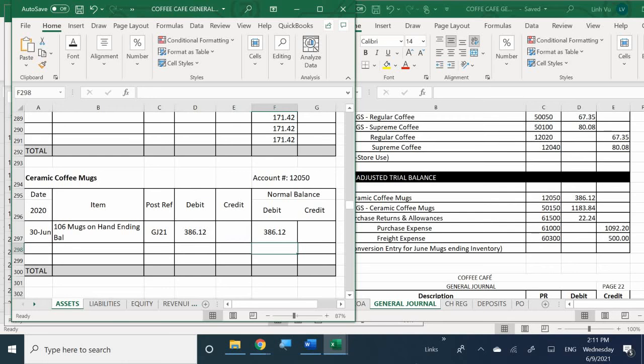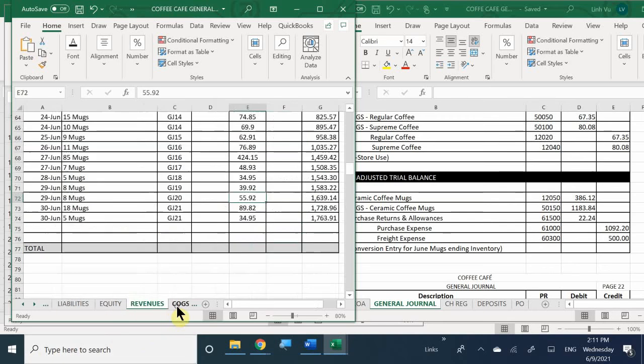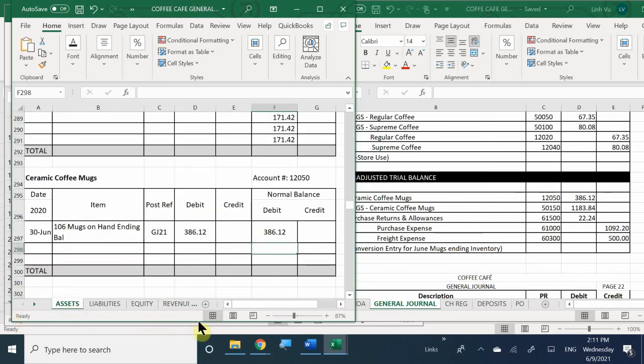From here, cost of goods sold. Can you hold on a quick second? I'm good.